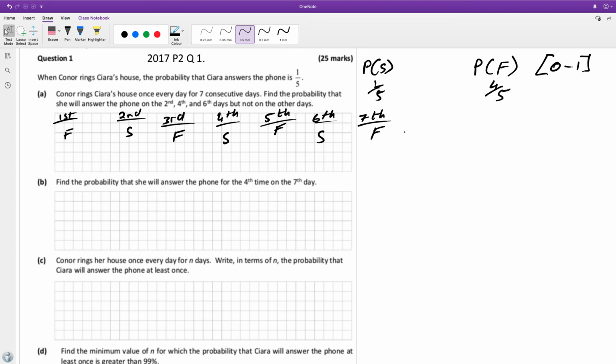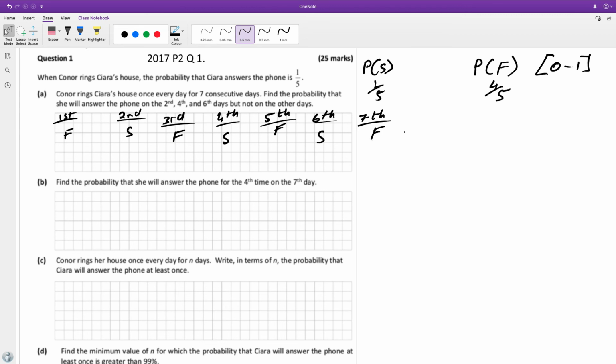Right, the next important bit in probability, very, very top of your page, NB. The most important word in probability, do you have any idea? Probably two of the smallest words in the English language.